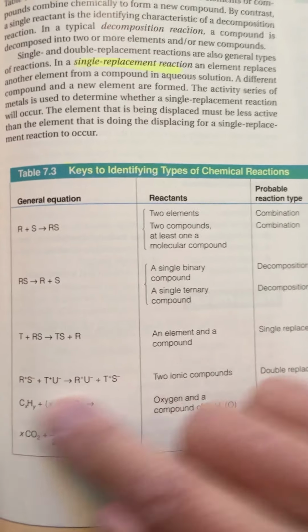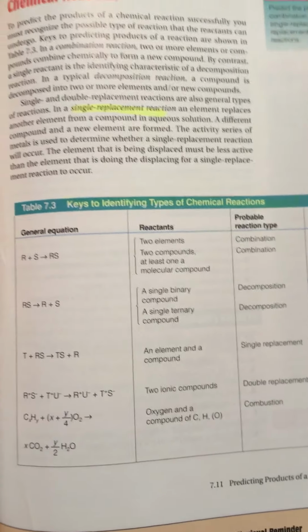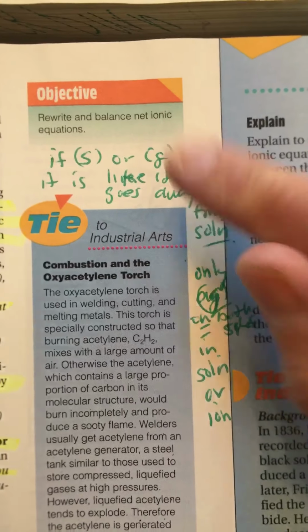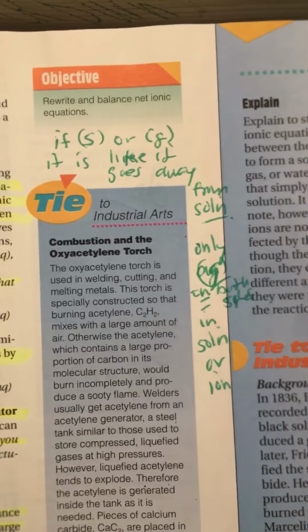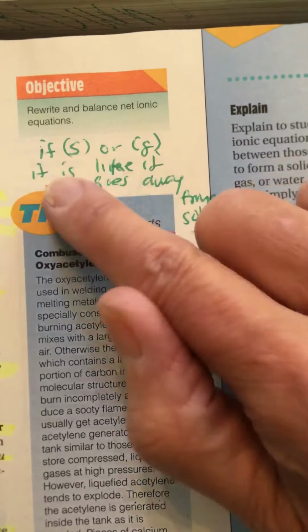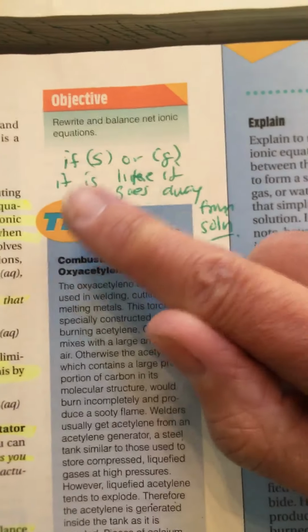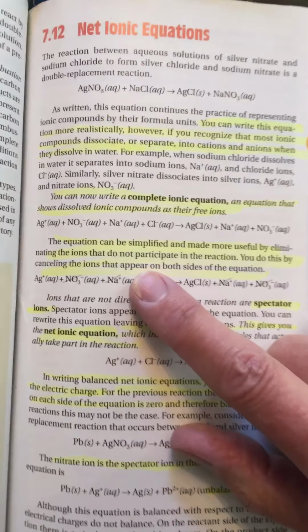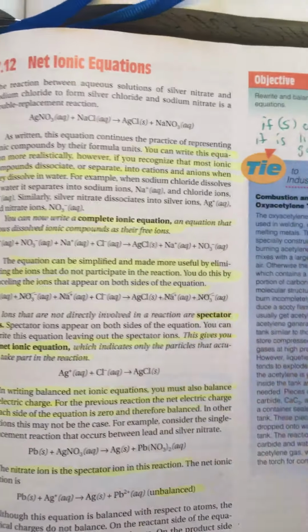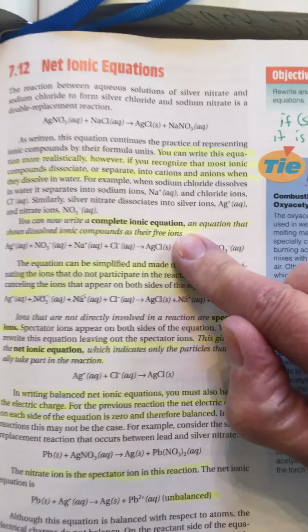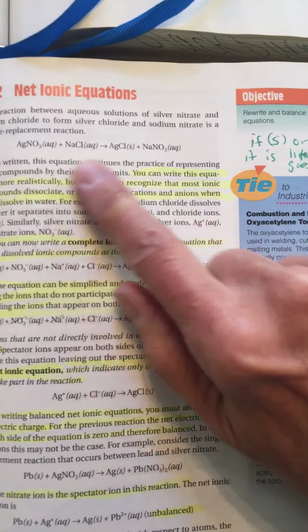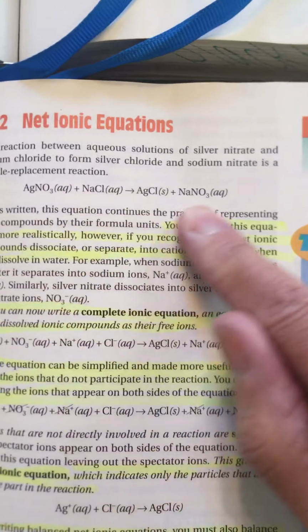So if it's a true double replacement, you have to have where a solid or a gas is formed. Then that's considered, see that's my S or G in my messy handwriting, that's when the double replacement reaction actually happens. So one thing you could do is write it as a net ionic equation. Like this, see how these are all aqueous?